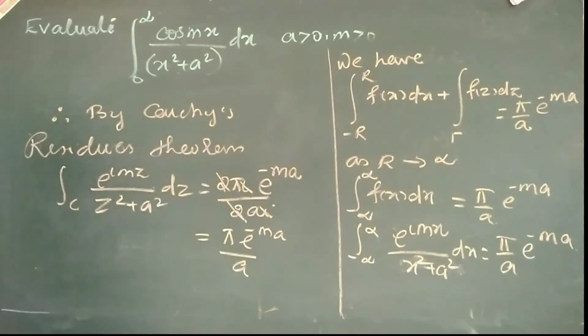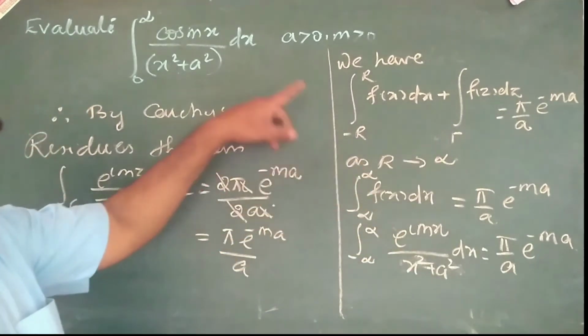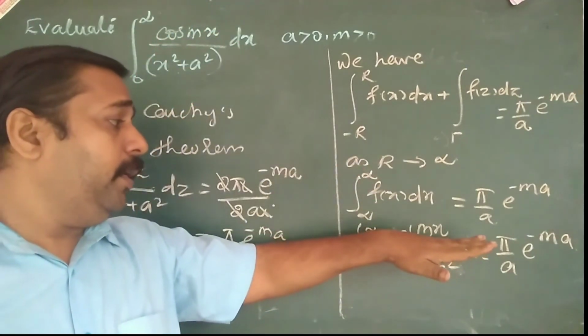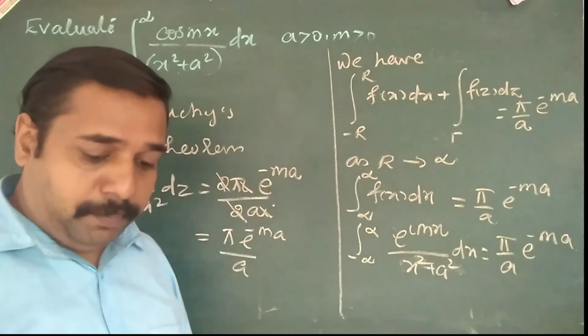Now we got this value only, but our question is in cos mx. So from this you write the real and imaginary part.